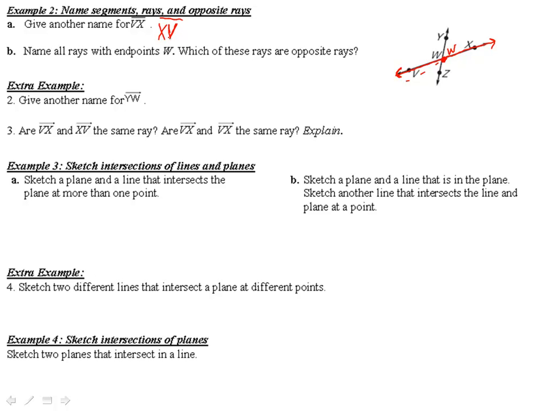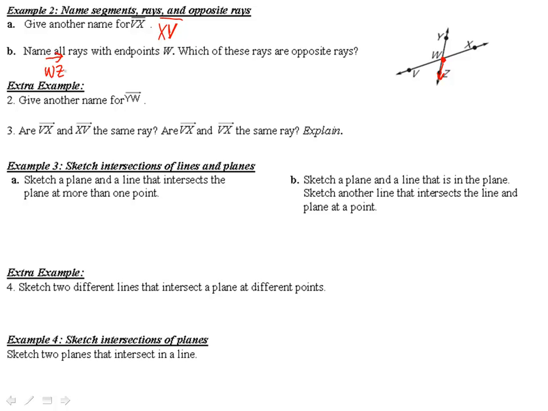B, name all rays with endpoint W. Okay, so let's erase some of this stuff here. All the rays with endpoint W. So W is right in the middle there. I've got one ray starting in the middle coming down. That would be ray WZ. I've got to start with the endpoint.